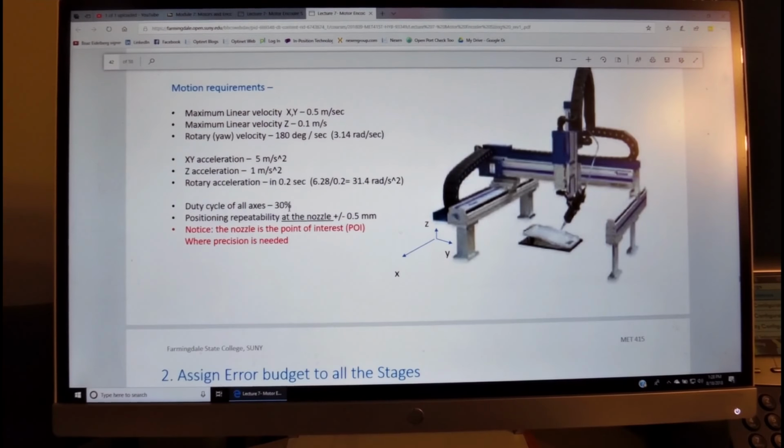The duty cycle, which represents the percentage of time that the machine is actually under load versus under a stationary or constant velocity with minimum load, is also defined over here as 30%. And then the repeatability, which is required over here, is also specified as 0.5 millimeters.